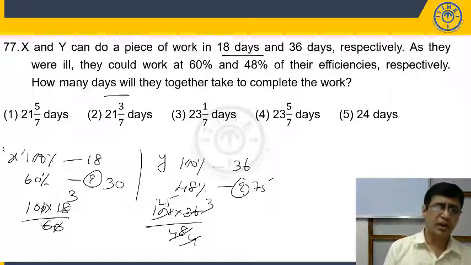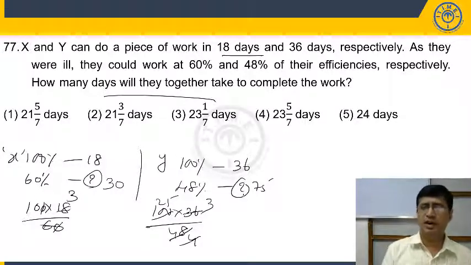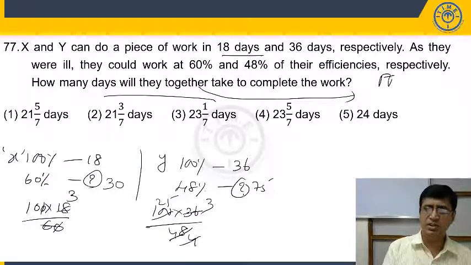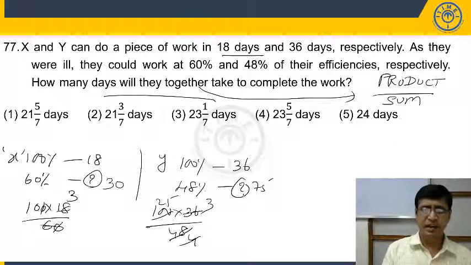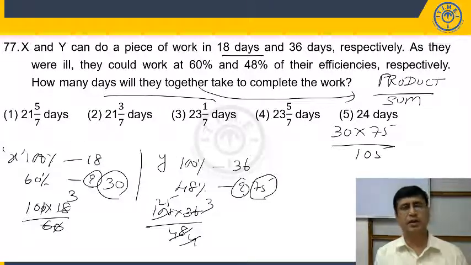Now what to find? In how many days do they together complete the work? Together we can find just by using the simple logic, that is the product by sum. Product by sum means here 75 and 30. So 30 into 75 by sum. Sum is equal to 105.